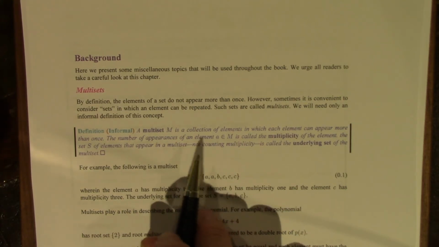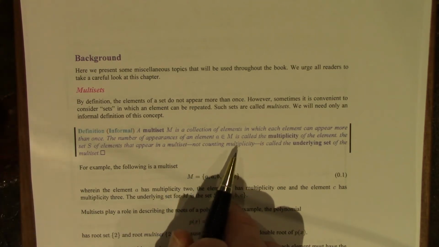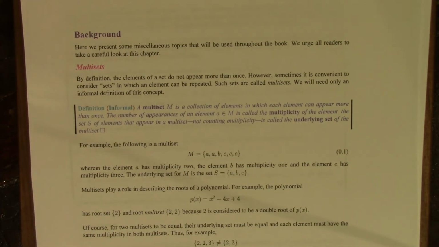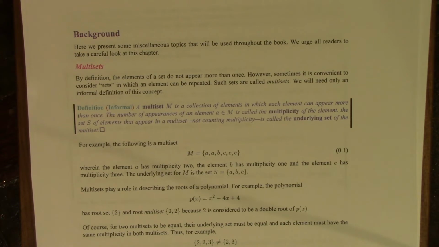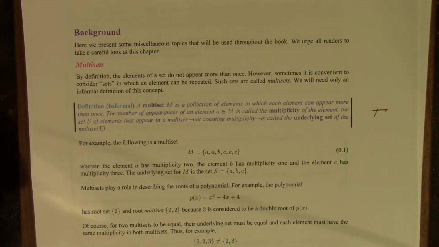The number of appearances of an element is called its multiplicity. And the set of elements that appear in the multiset, not counting their multiplicity, is called the underlying set for the multiset.